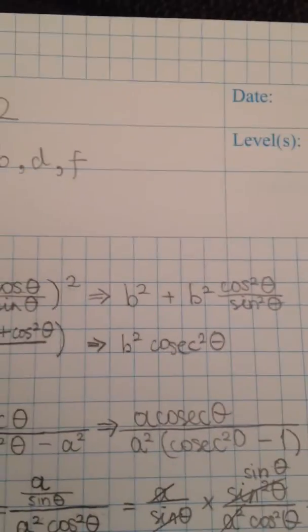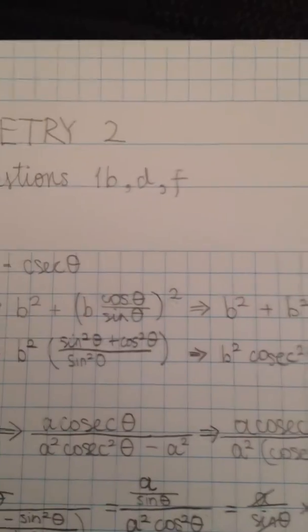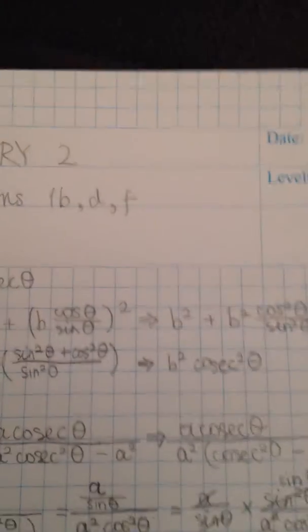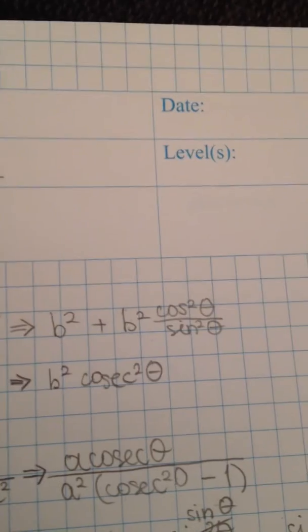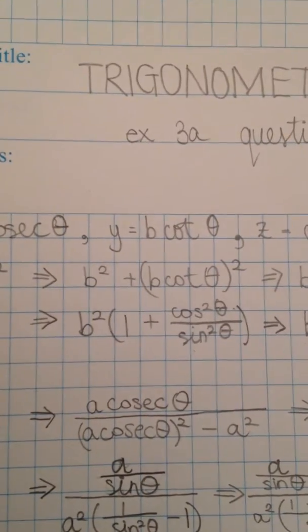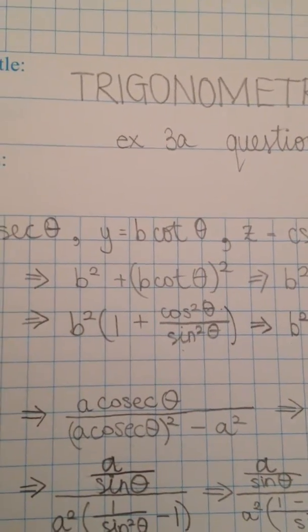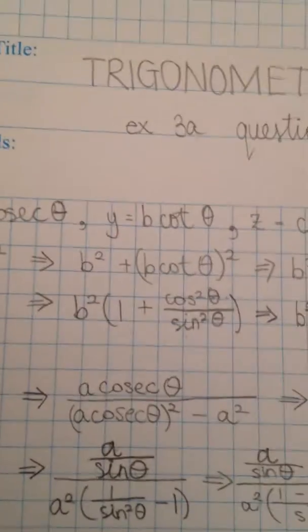Then I opened the brackets here, and next I factorized it. So from that, I got rid of one of the b squareds with factorizing.